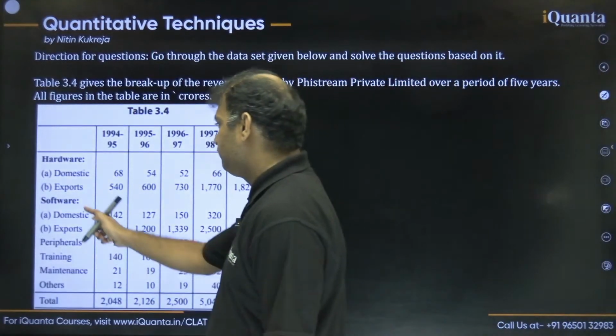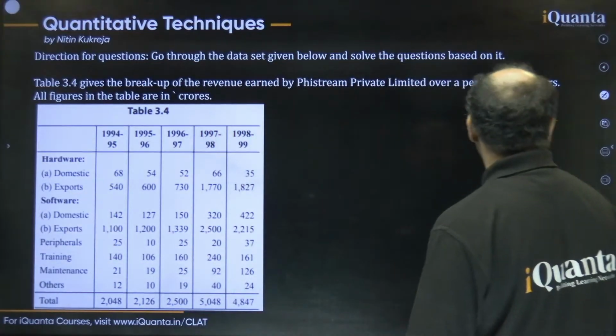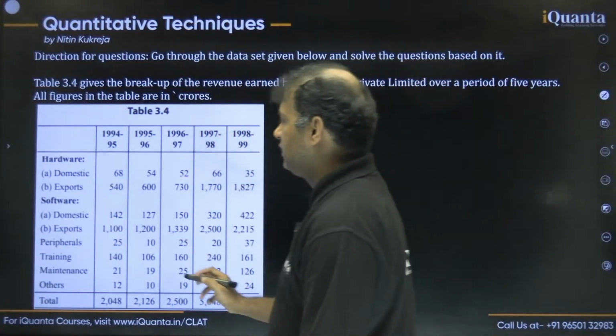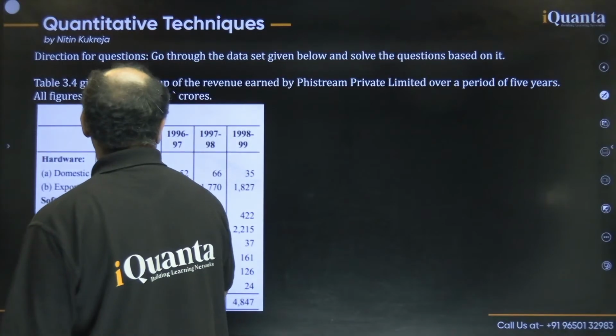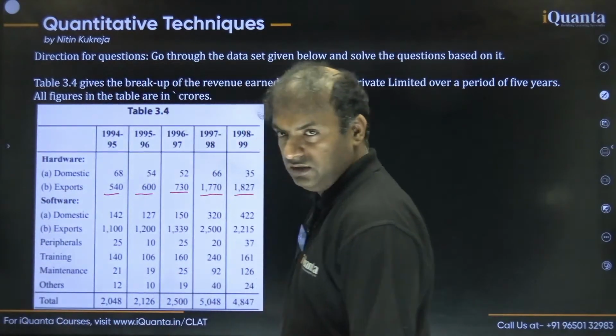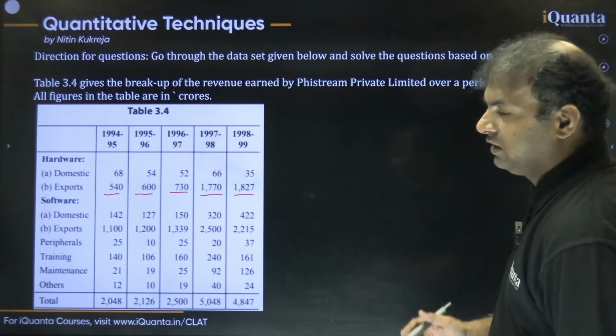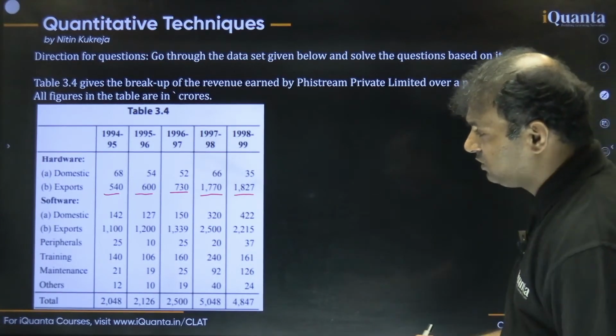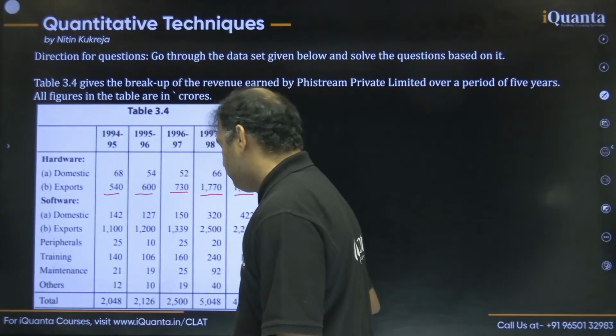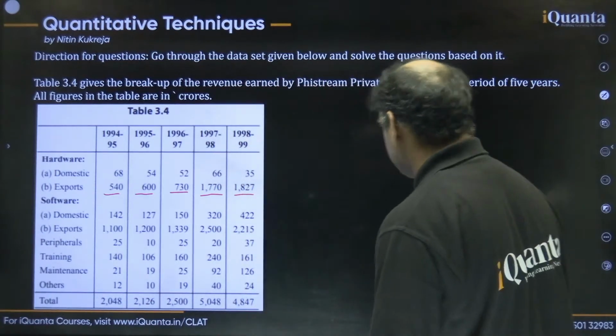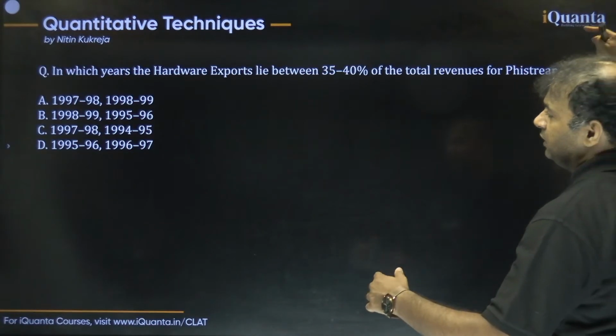This is hardware export they are talking about. So they are asking in which year, or in how many years, the hardware export revenue is around 35 to 40% of the total revenue. And total revenue we have over here. Okay, so look at the options.